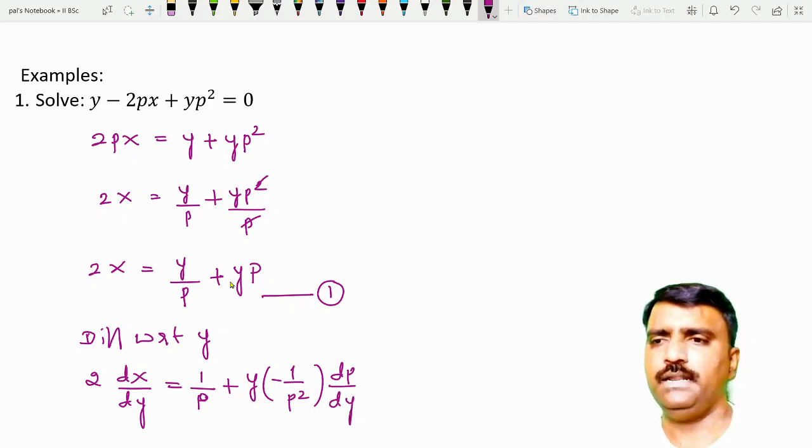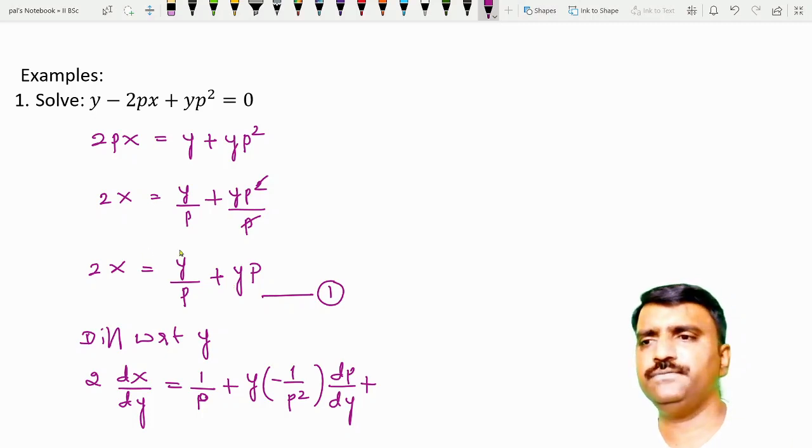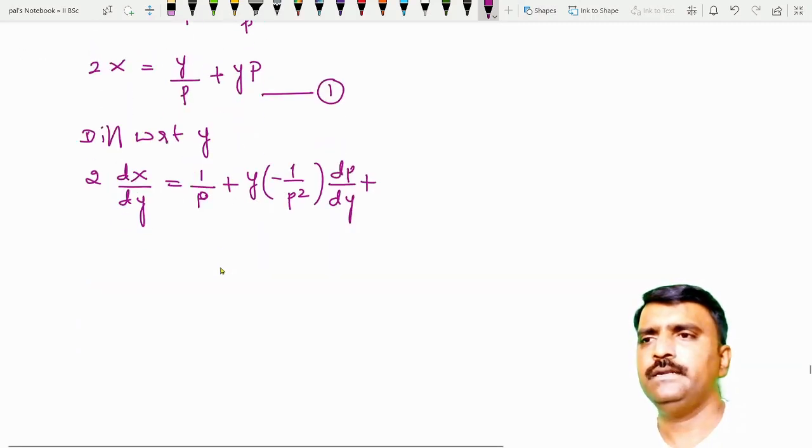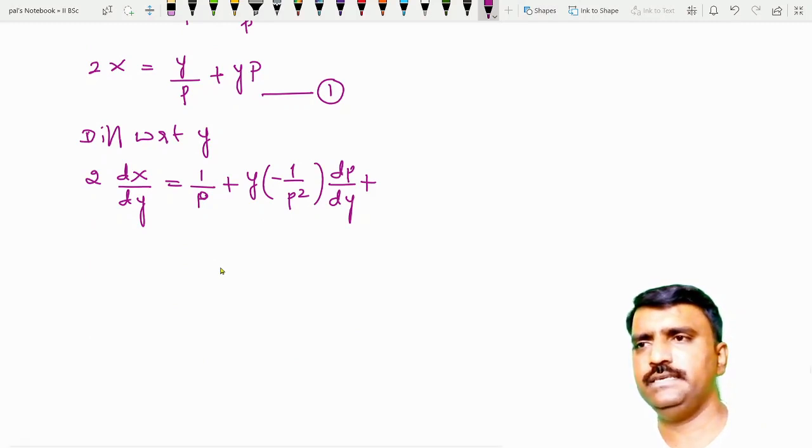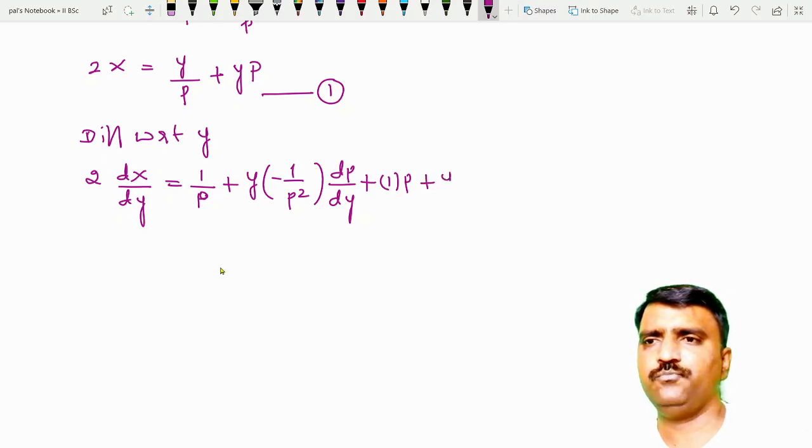Plus again use the product rule to differentiate yp. So differentiation of y is 1 into p as it is, plus keep y as it is, differentiation of p with respect to y is dp by dy.